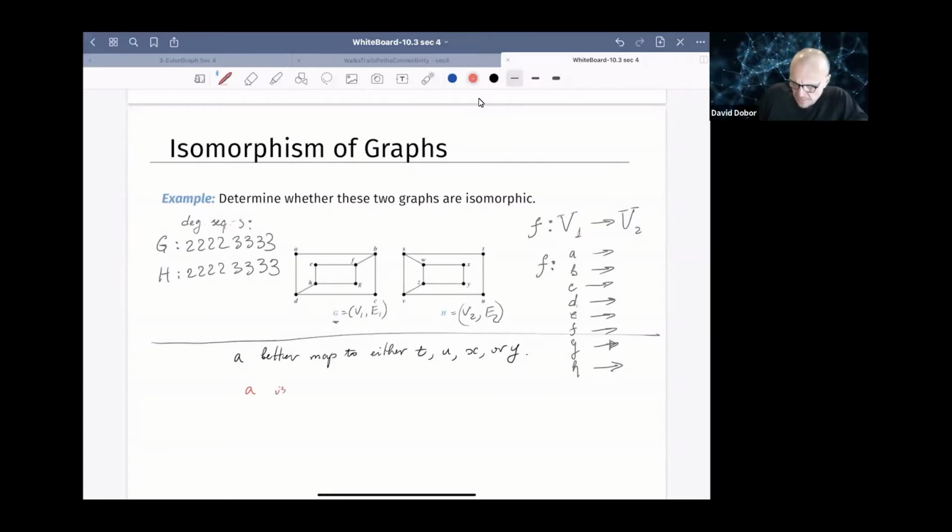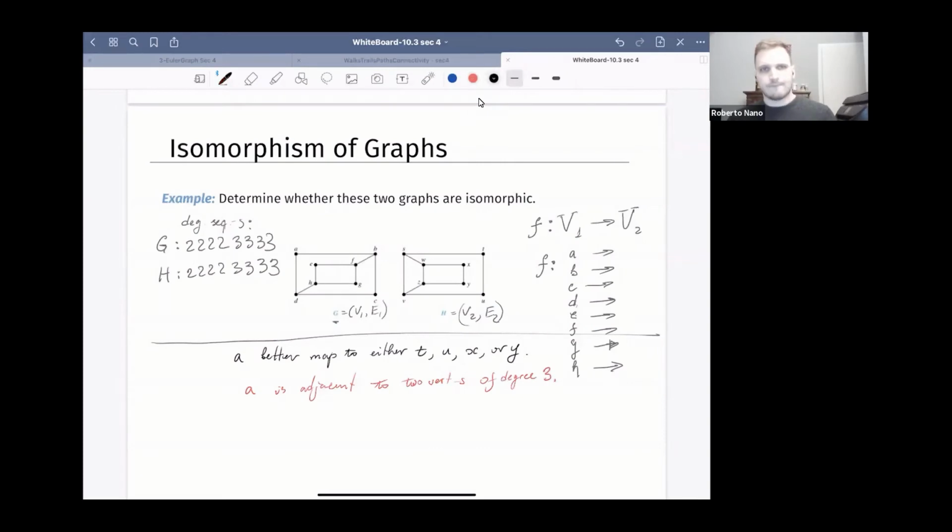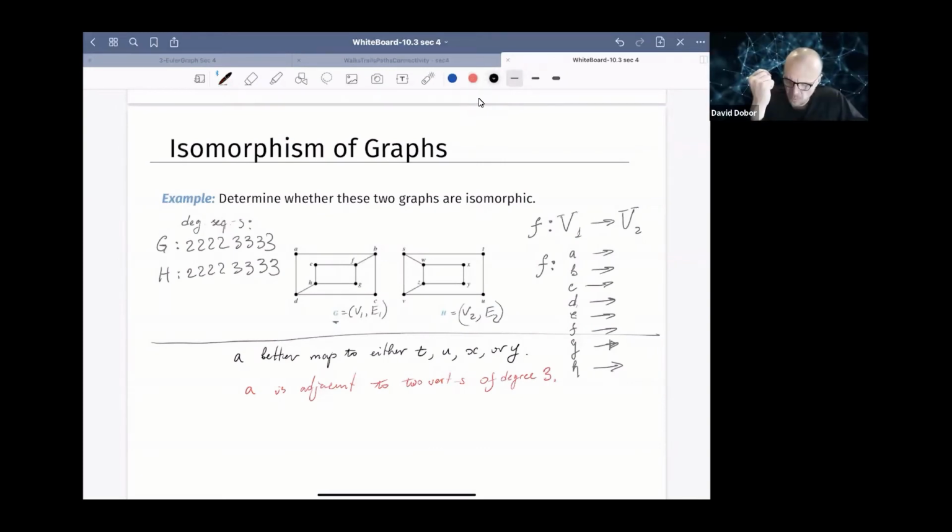A is adjacent to 2 vertices of degree 3, right? Is that what you said? Right? Yeah. Now, for the 4 choices that we have for where A must be mapped to.